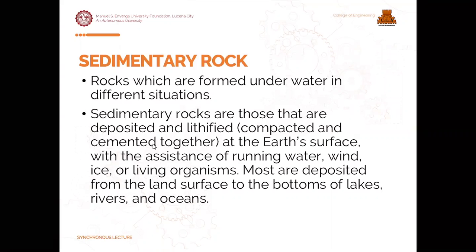So nag-compact ng mga sediments kaya nagkakameron ng layers ng rocks 'no. So may dark brown, may light brown. So yung mga yon is collection na ng mga sediments na nag-form over time 'no. Then meron tayong wind, ice, or living organisms. So most are deposited from land surface to the bottom of lakes, rivers, and oceans. Okay?